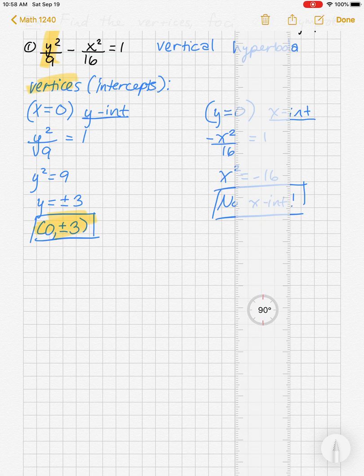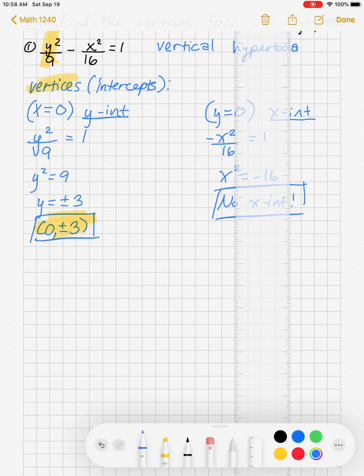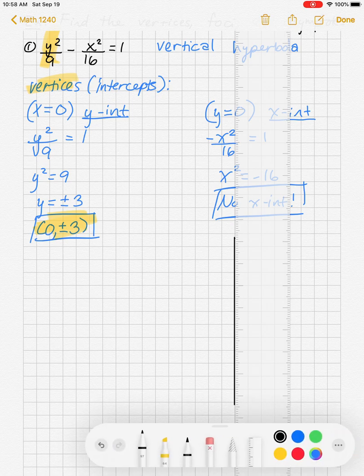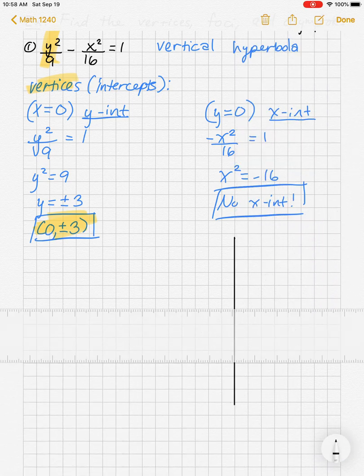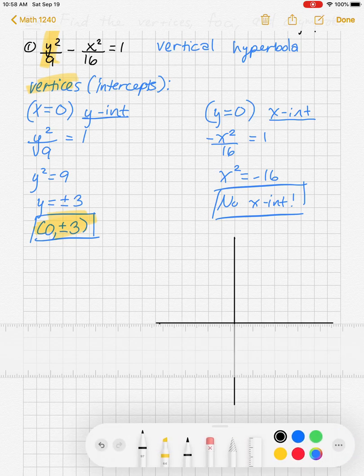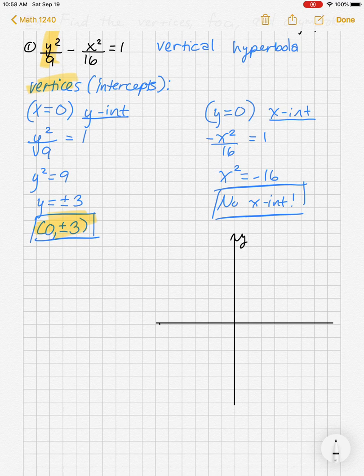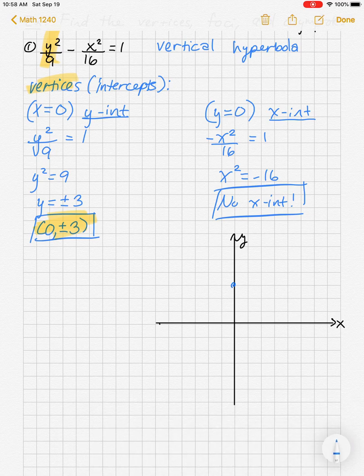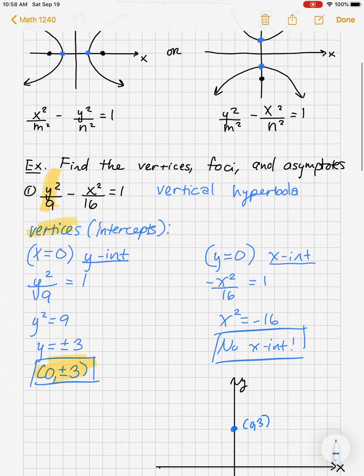So if I start a sketch over here, set up a coordinate plane, x and y. Okay, so my y-intercepts, (0, 3) and (0, -3).